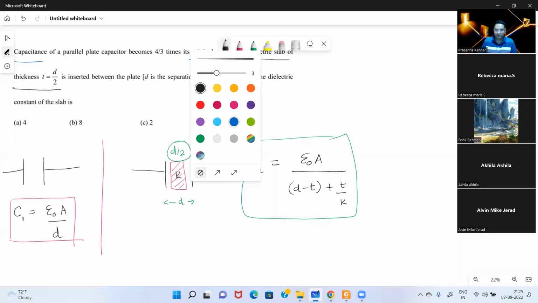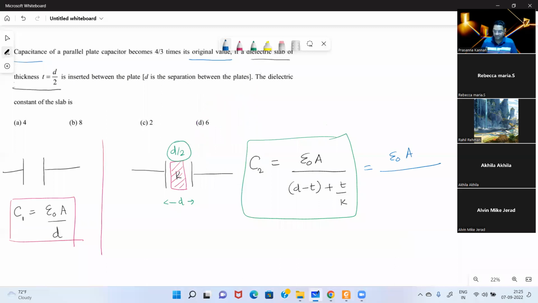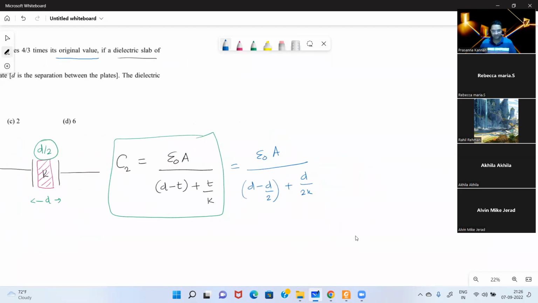It's going to be epsilon naught A divided by D minus T, which is D by 2, plus D by 2 into K. So we will get epsilon naught A divided by D by 2 plus D by 2K.